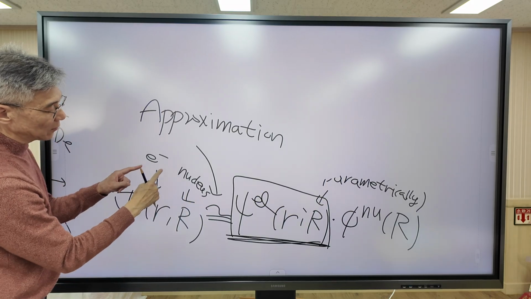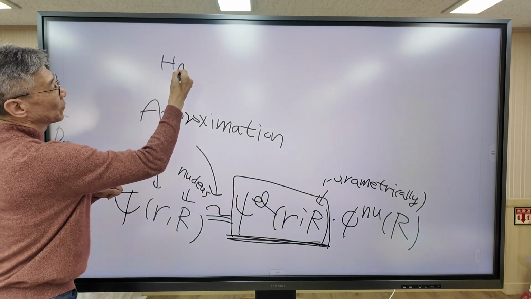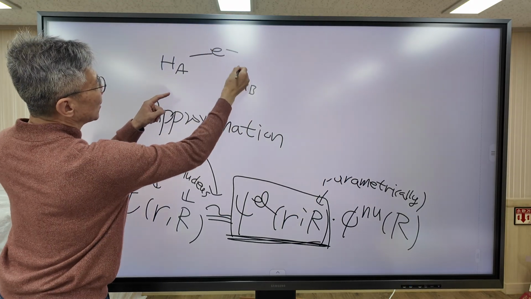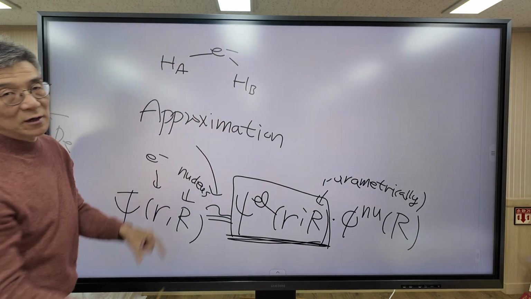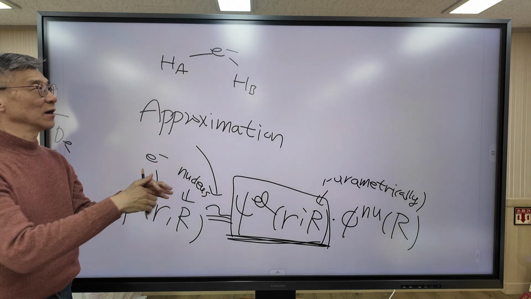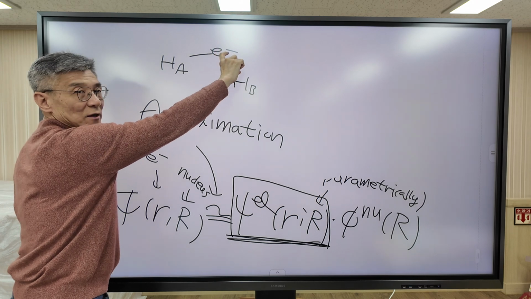But the electron and nucleus are not independent because they interact with each other through the electrostatic Coulomb force.